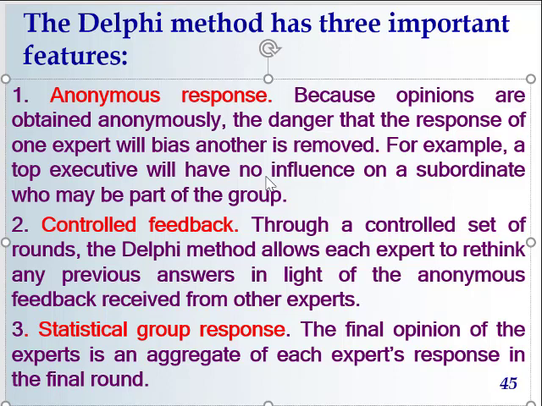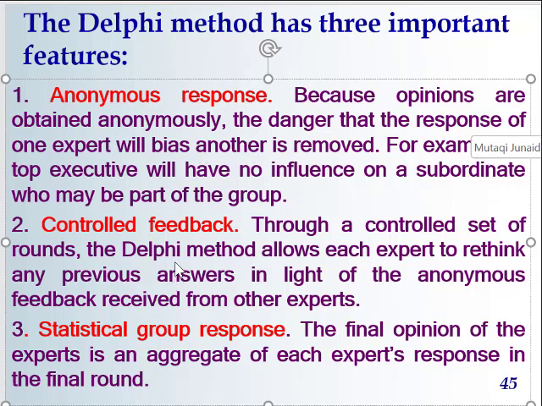If it is not anonymous, anonymous means without name, then you may discard that response even though that expert's response was good. So there could be bias. Anonymity removes all those biases, and makes it clear and clean.